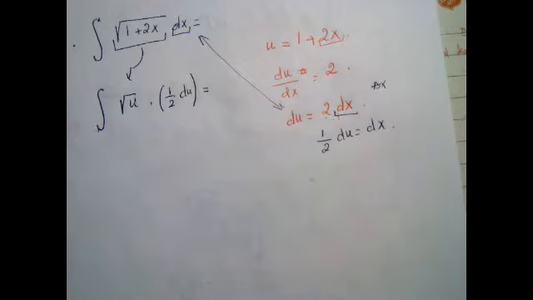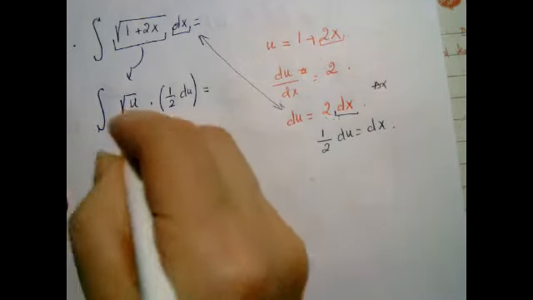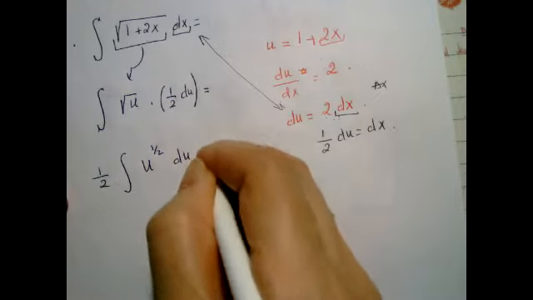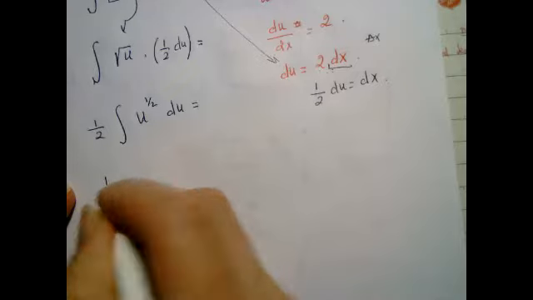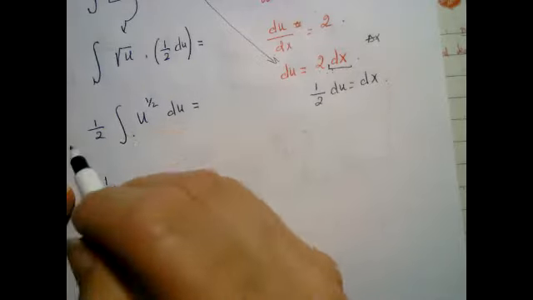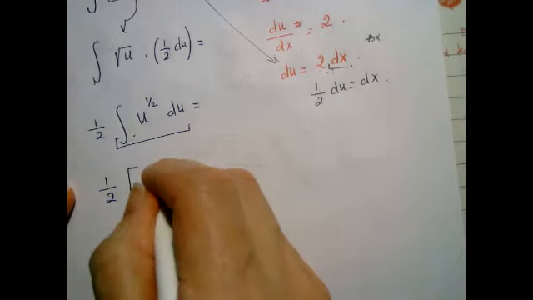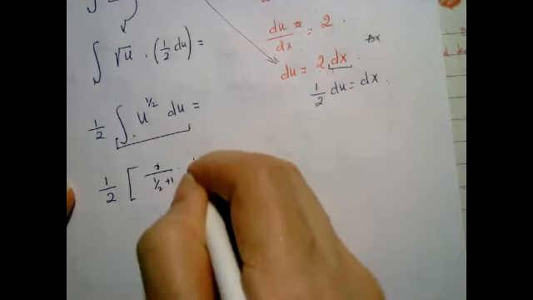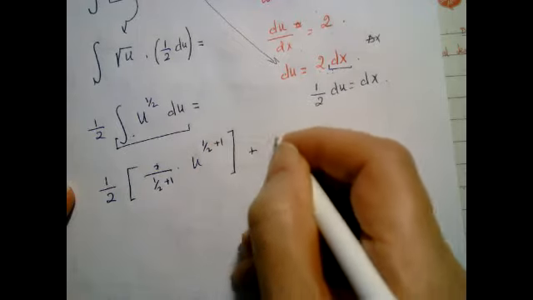So now this is equal to, a half is a constant, I can pull it out. The square root of u is u to the half du. So this is going to be equal to a half times the integral in u now. I just evaluate it as an integral in u. 1 over a half plus 1, u to the half plus 1, plus c.